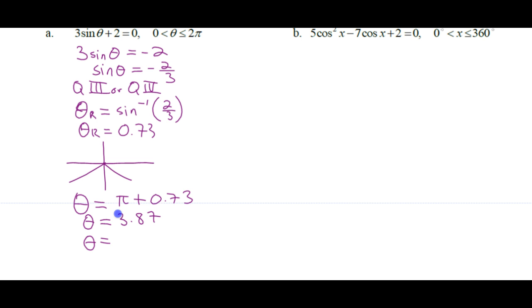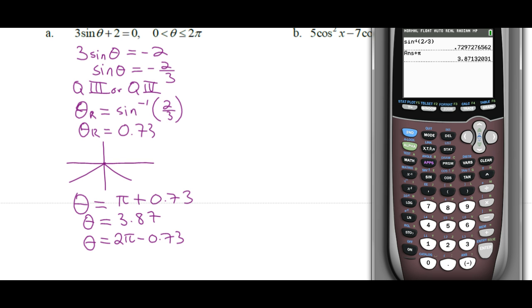And theta is equal to, what's the other one? 2 pi minus 0.73. Again, I'm just going to go 2 pi minus, and I'm just going to go up and grab this number. Now, if you're on a calculator that you can't grab that number, you could store it. So 5.55.